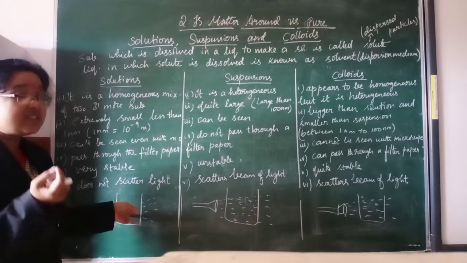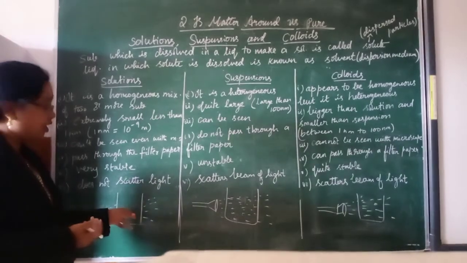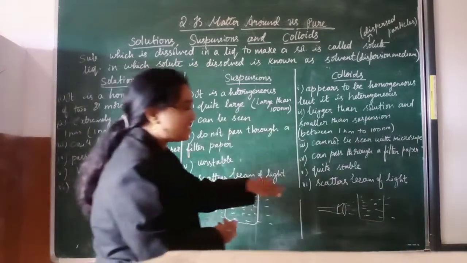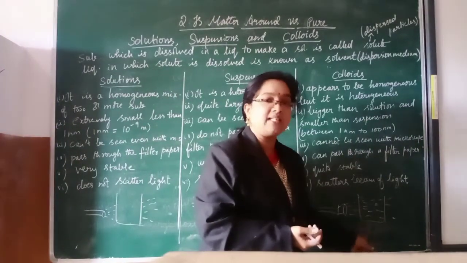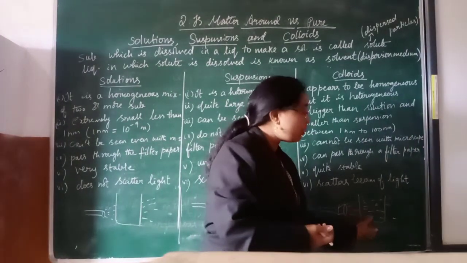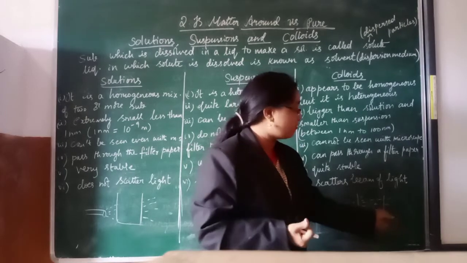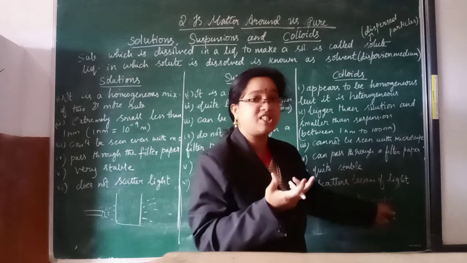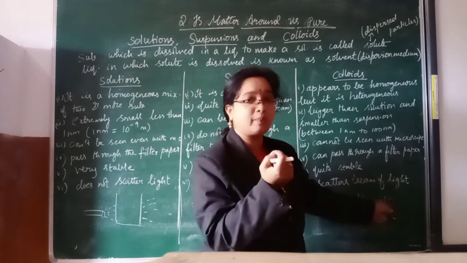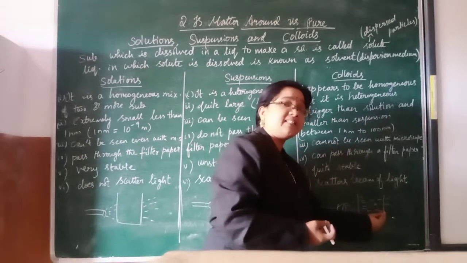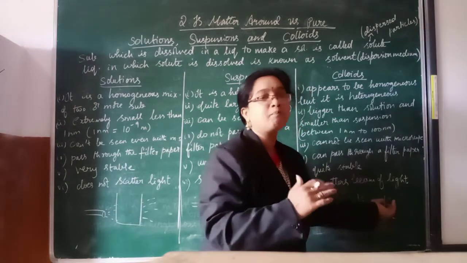Even in the colloids condition, here we are able to see the light. Why? Because compared to the solution, the size of the particle in colloids is bigger, so they are able to scatter the light.